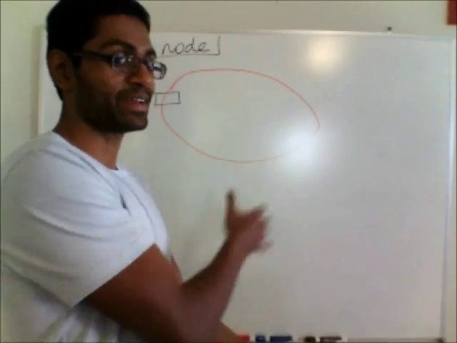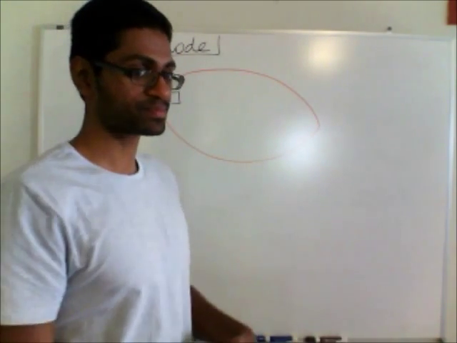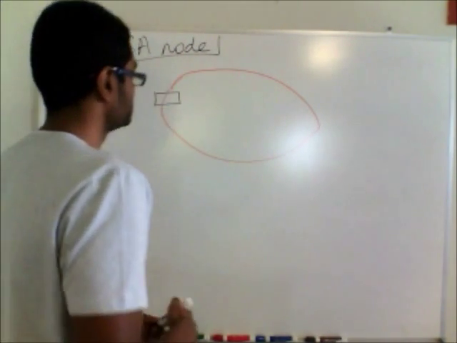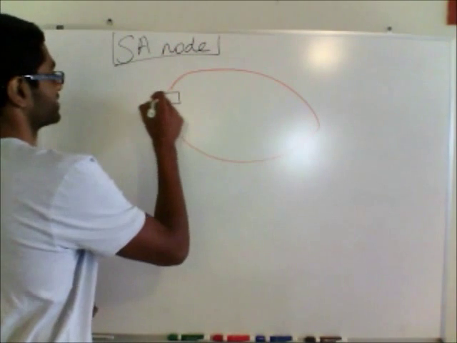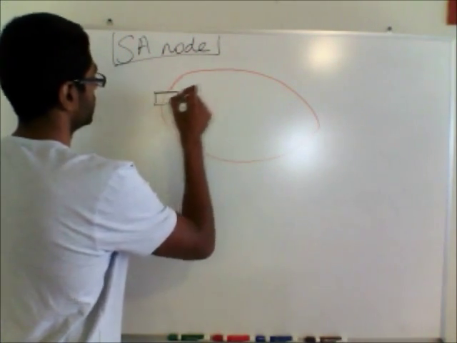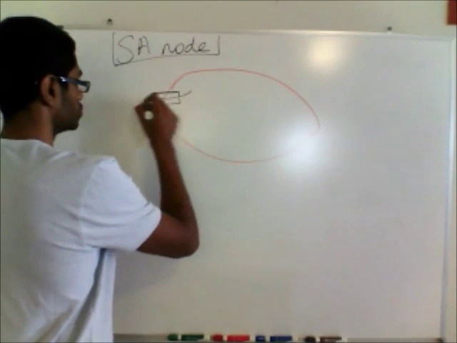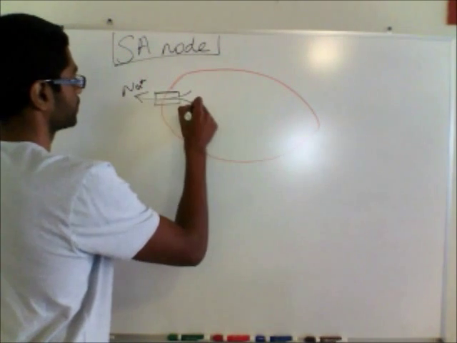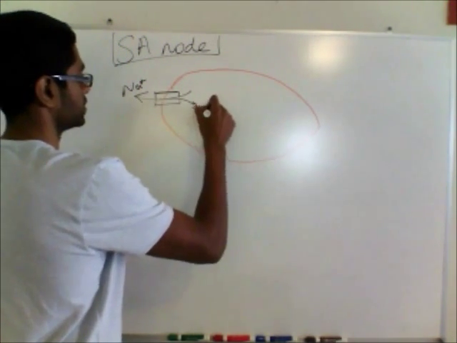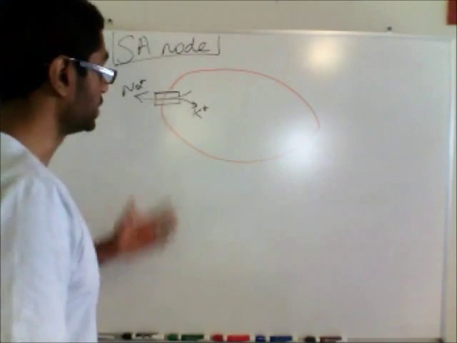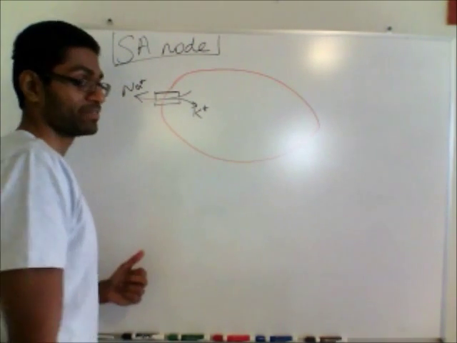Actually, that's kind of confusing. Don't worry about it. This is the sodium out, and potassium goes in. Okay. Therefore, the SA node maintains a negative membrane potential.